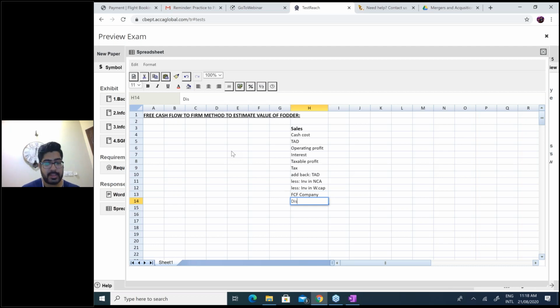We apply discount rate. It's WACC here. We get value of company. Okay. We then deduct value of debt. We get value of equity. This is where it stops.